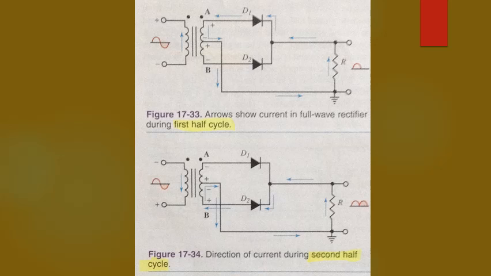No matter which diode is conducting, the current through load resistor R is always in the same direction. Both positive and negative half cycles of the input voltage cause current through R in the same direction. Output voltage of this full wave rectifier is taken from across R. It consists of direct current pulses at twice the frequency of input voltage.